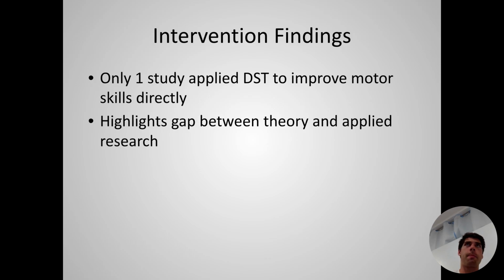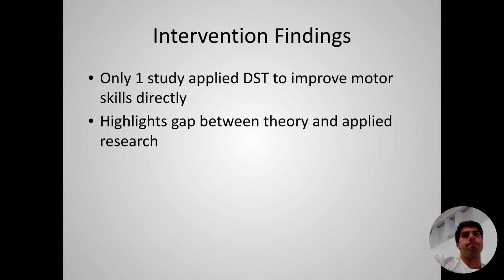So looking at the dynamic systems theory and how that theory has actually been applied in research, there's only one study where they take the dynamic systems theory, which is these three specific constraints, and actually study if you focus on those and prioritize the individual, environment, and task, does it promote motor skill directly?